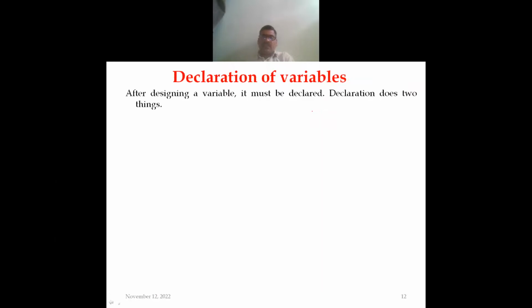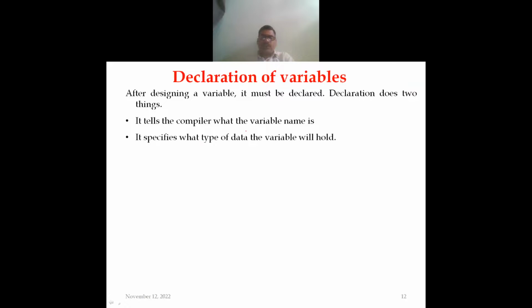So coming to variable declaration, how can we declare a variable? A declaration basically tells the compiler what the variable name is and what type of data the variable will hold. These are the two important things that the data type informs the compiler.